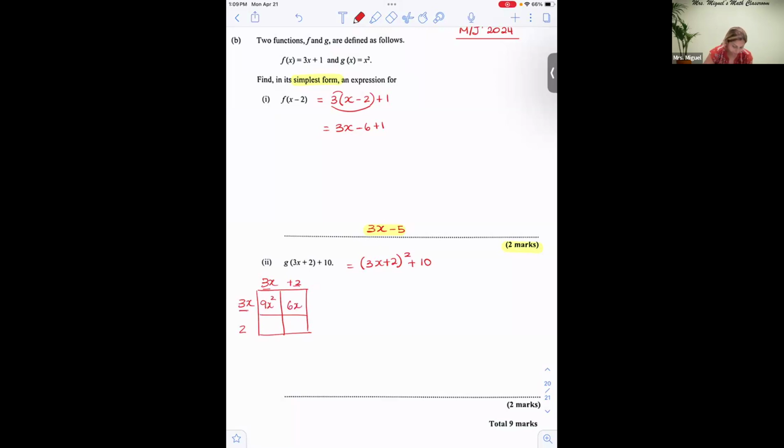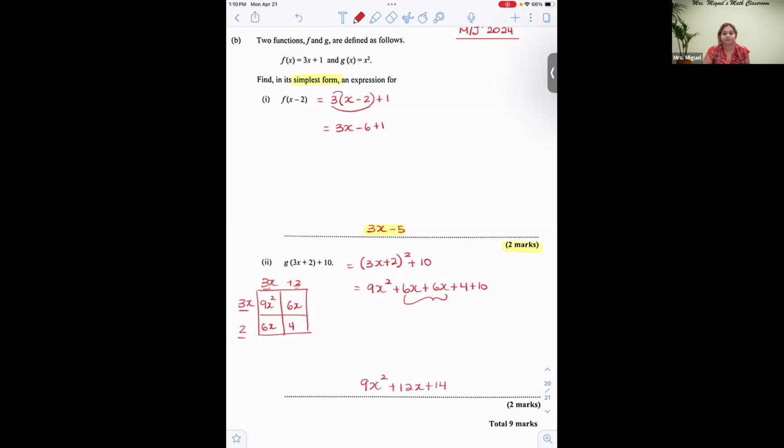I've finished with the first row. So 2 by 3x is 6x and 2 by 2 is 4. So this is 9x squared plus 6x plus 6x plus 4 plus 10. This is 9x squared plus 12x plus 14.